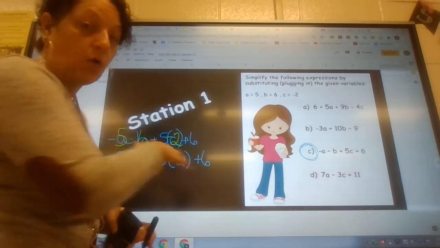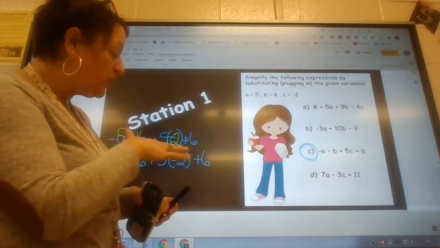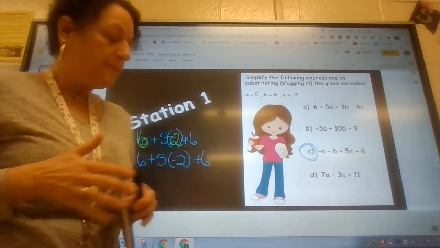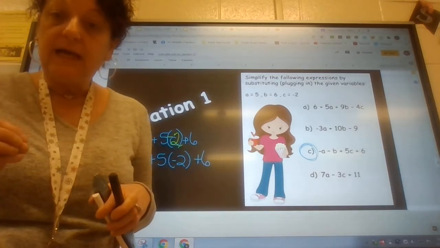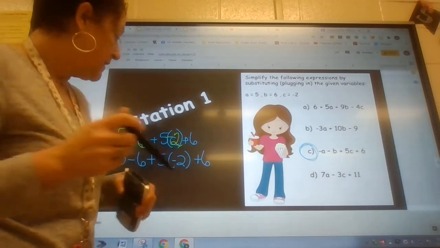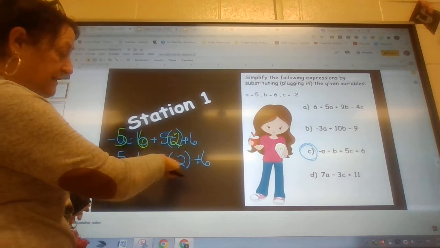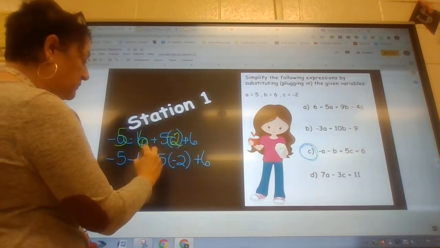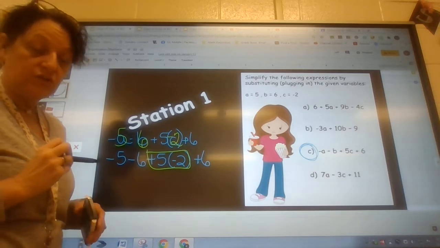We can't put this whole thing in the calculator because, now this one probably would work because it's all addition or subtraction, except for that multiplication right there. But it's not going to do the order of operations for you, okay? So we've got to do that ourselves. So when I look at this, I see that I've got to first multiply this 5 times -2 first, all right?